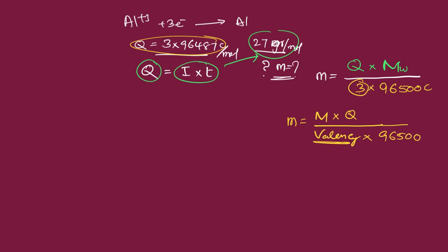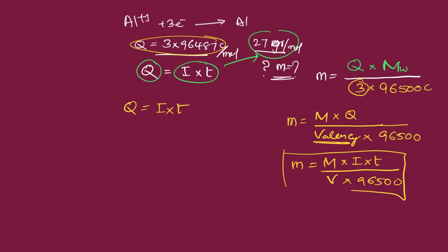Now, we already know Q is equal to I into T. Substituting in this formula, M is equal to molar mass into I into T divided by the valency V and 96,500. So this is the general formula for Faraday's first law. This is actually derived from these two lines, so you can remember this or you can derive it from these two lines.